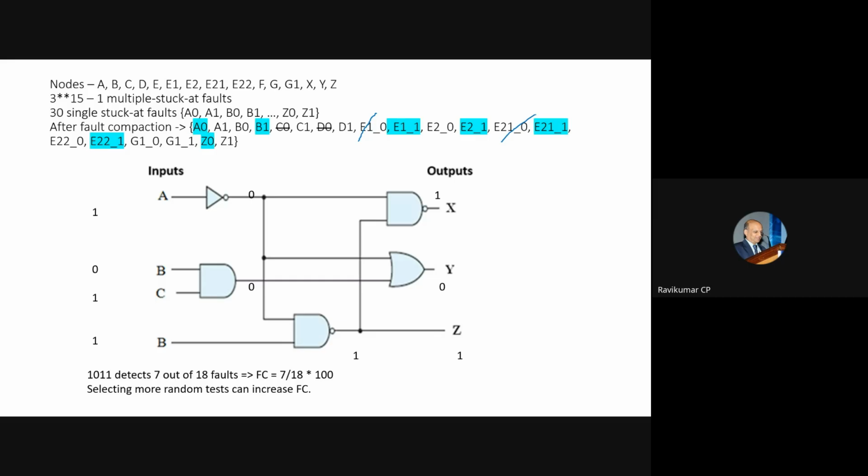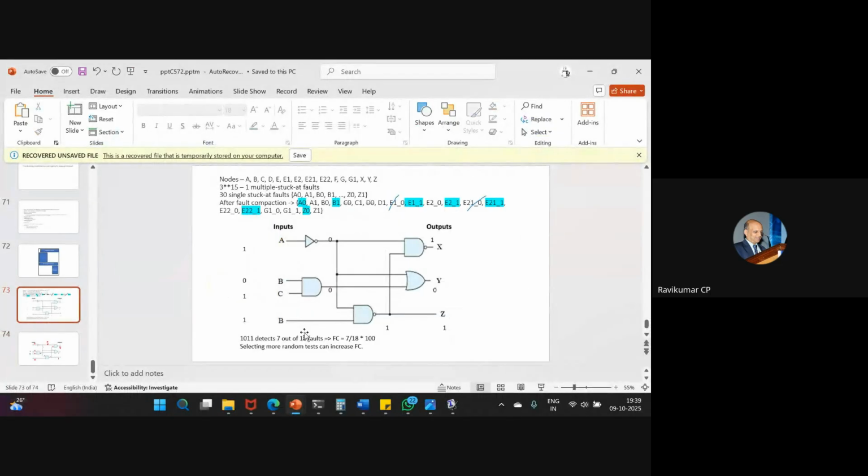But suppose in some other circuit, I have two of these which, no matter which test pattern you apply, will not be caught. Then what people do is, instead of reporting it like this, they will say it catches 7 out of 16 faults because 2 can never be caught. Okay. So that number looks a little better.